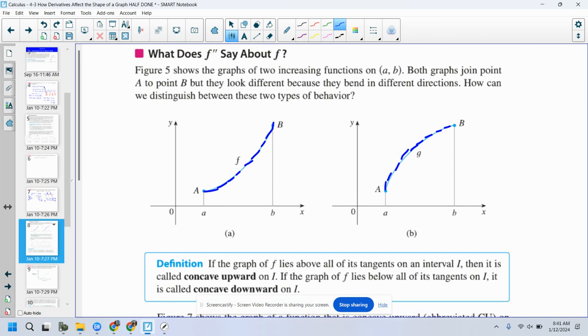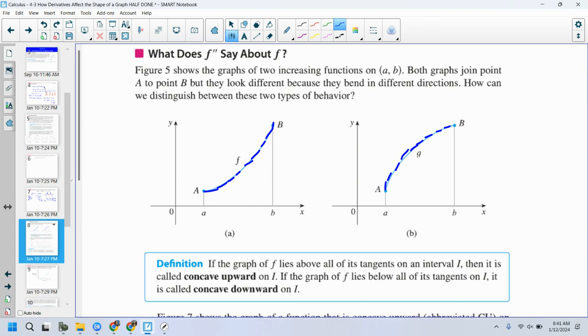If the graph of f lies above all of its tangents on an interval, then it is called concave upward. Now, the definition is really weird. They say if the graph of f lies above all of its tangents, then it is concave upward. That's like this. All of these little snapshots of each tangent line are below the graph.